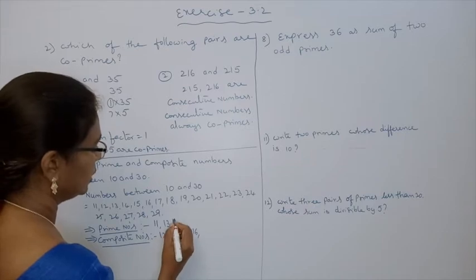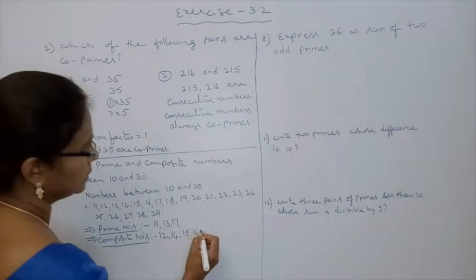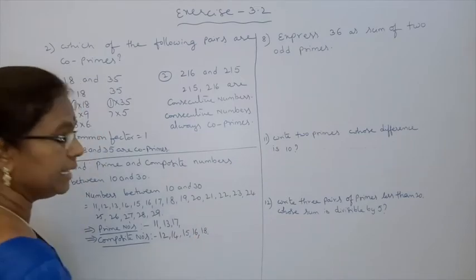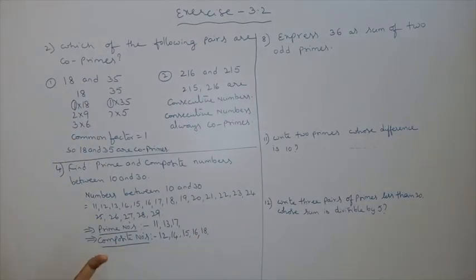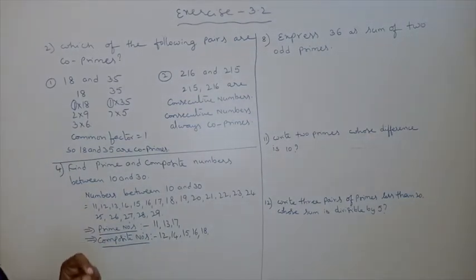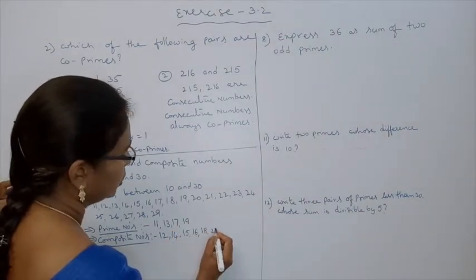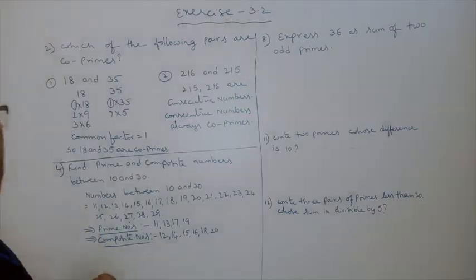17: only 1 and 17 go, so that is a prime number. 18: 1, 2, 3, 6, 9 are the factors of 18. More than 2 factors, so we call it composite. Next, 19, prime number. 20: 2 is a factor, 2 tens are 20, 4 5s are 20, so many factors.